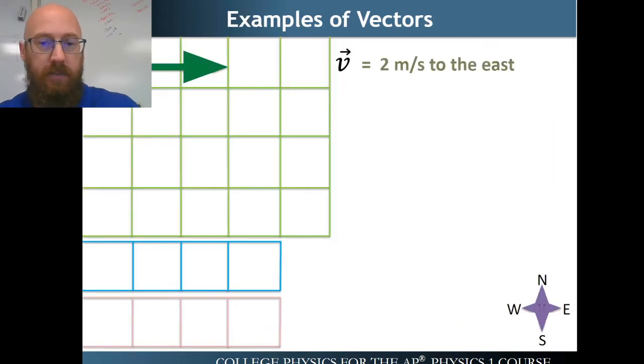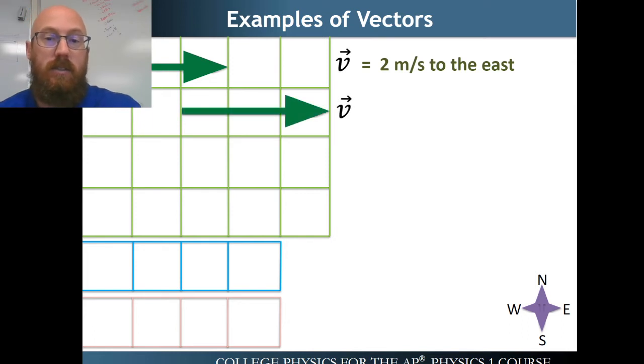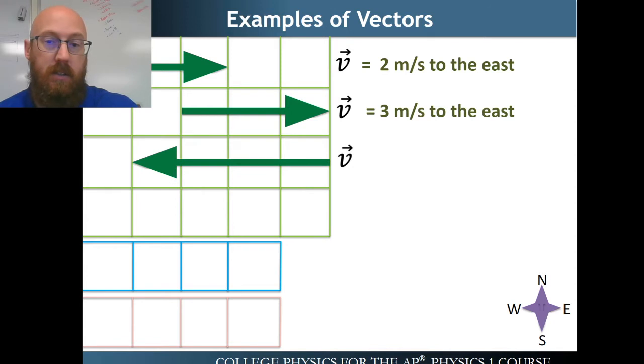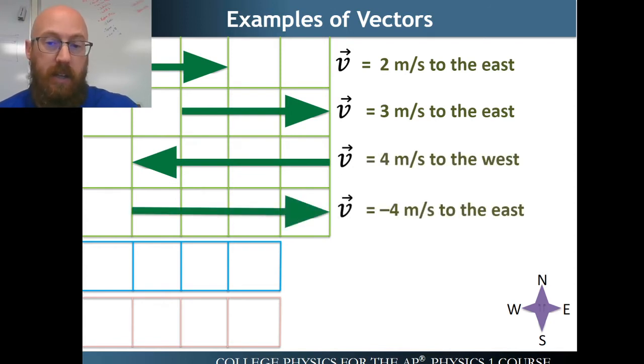So vectors. If you go 2 meters per second east, see how the arrow got a little bit bigger? 4 meters to the west, -4. This is one of the hard problems they can give you. Notice how 4 meters to the west is -4 meters to the east. So it depends on how they're quantifying that.